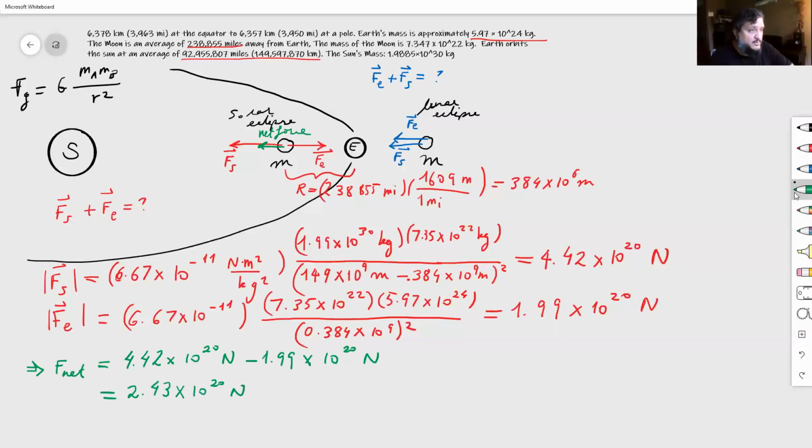What about the lunar eclipse? I'm not going to go through all that again, because I know that the force on the moon due to the sun will not change that much. So approximately, the net force during lunar eclipse will be this plus that.